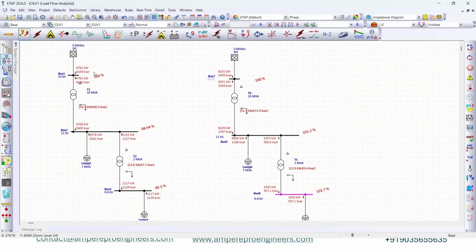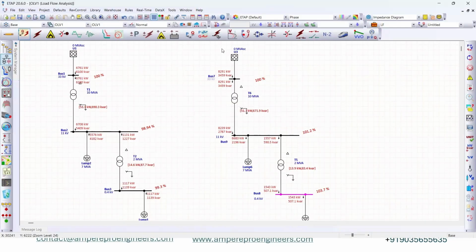When the power factor is low, we are drawing more reactive power from the grid. But when the power factor is very high, you are literally reducing the reactive power drawn from the grid.